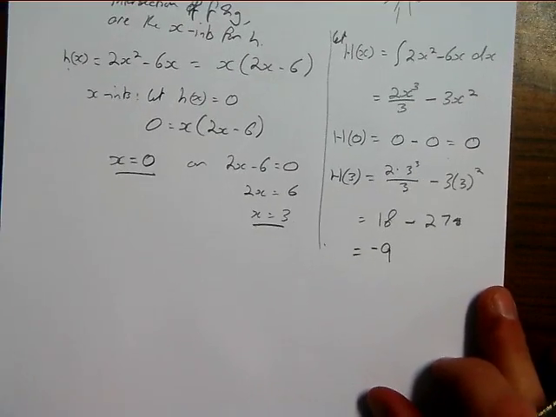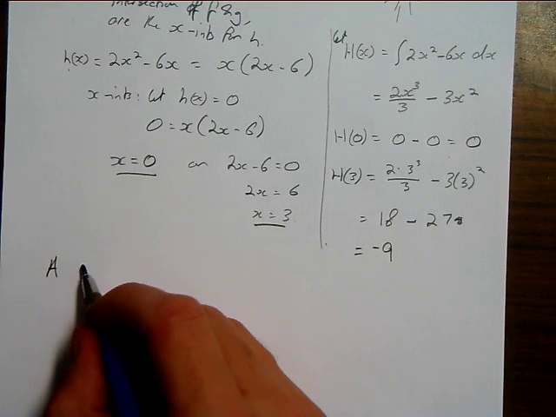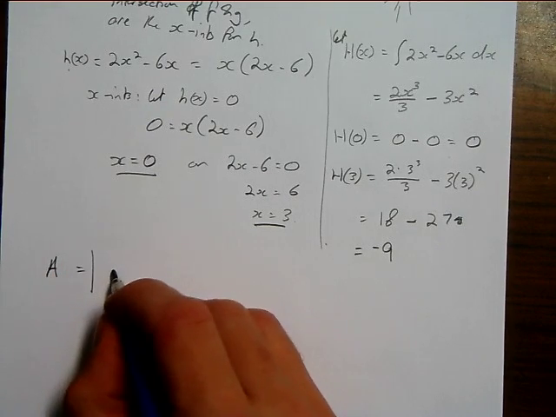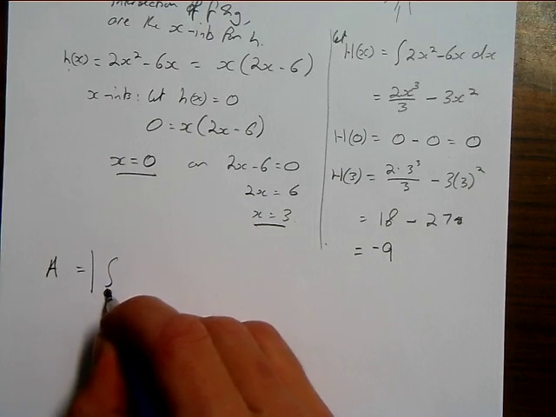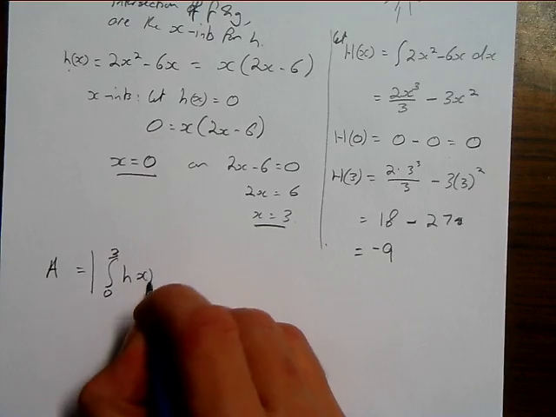Okay, so my area is going to be the mod of the integral from 0 to 3 of h of x.